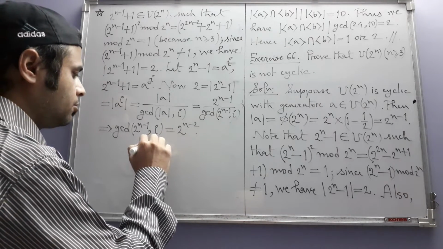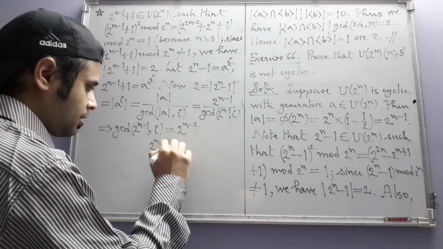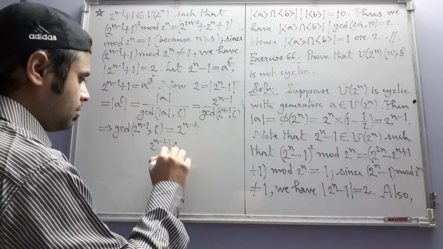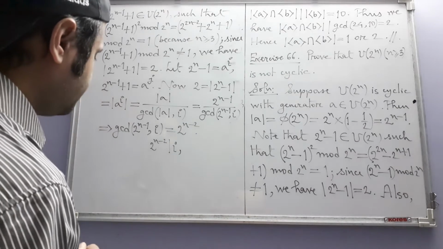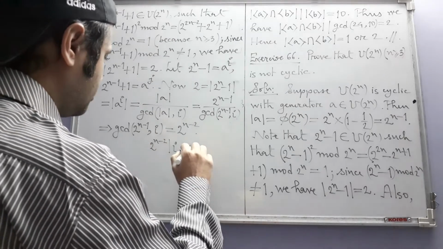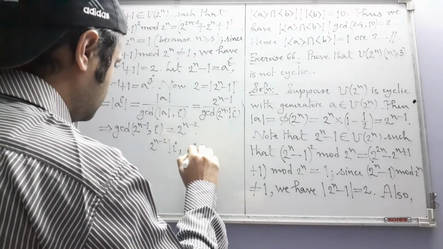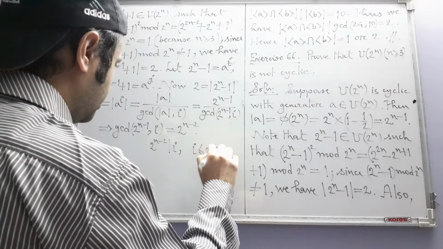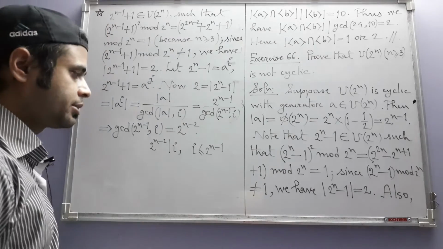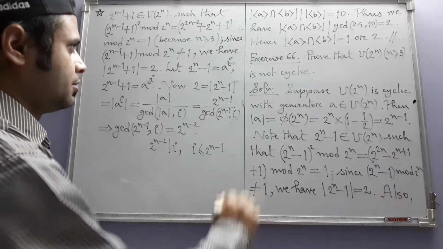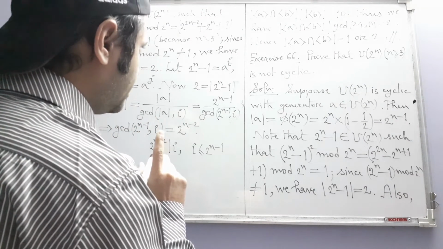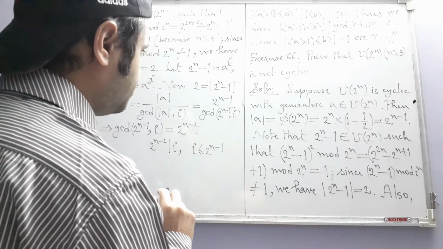So 2 to the power n minus 2 divides i. Okay. And at the same time, i is definitely less than or equal to 2 to the power n minus 1. Actually you can take some other value of i also, but I mean there exists one i.